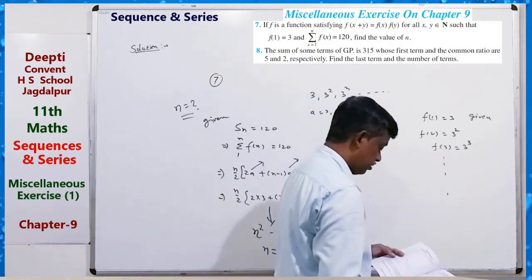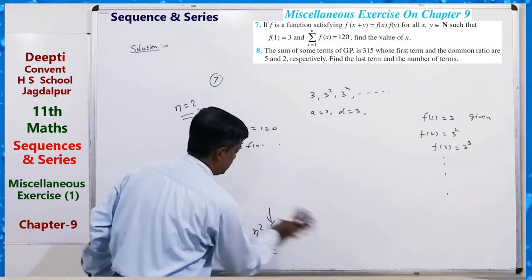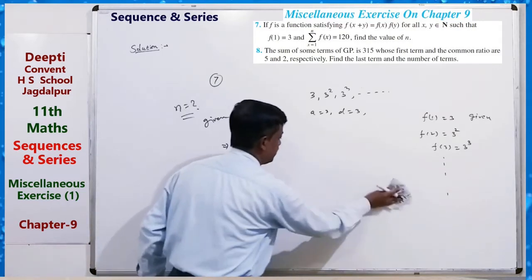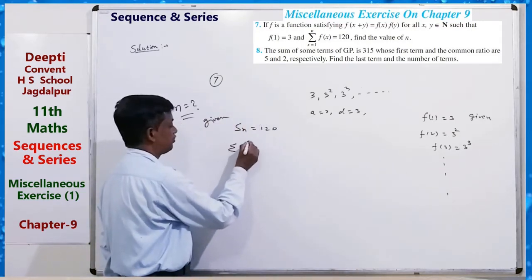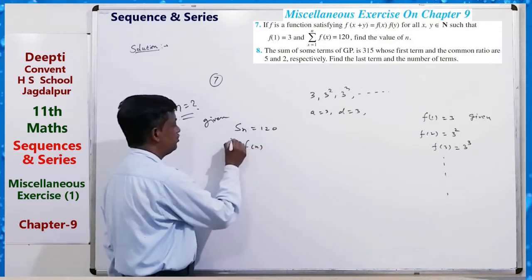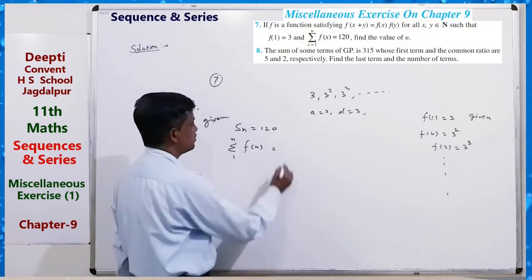No, this is GP, not AP. This is GP, geometric progression. So F1 to n sum is 120.